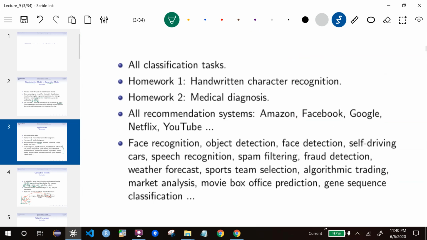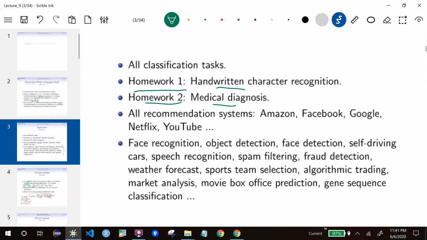And I already talked about a lot of applications, so I'm not going to repeat all of them, but all the classification tasks, and we are actually doing these things in the programming homework. One is classifying handwritten stuff, and the other one is, given the patient information, how to figure out if the patient has breast cancer or not.